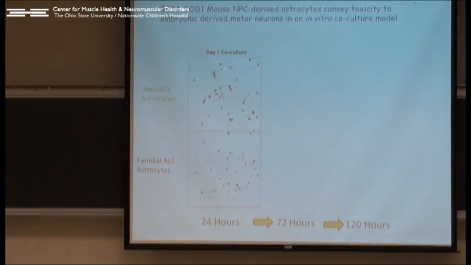What do these co-culture assays look like? So here are these co-cultures. You're looking at pseudo-colored motor neurons. So the green motor neurons have been turned black. You're looking at them on top of non-ALS derived astrocytes or the G93A mouse-derived mutant SOD1 astrocytes.